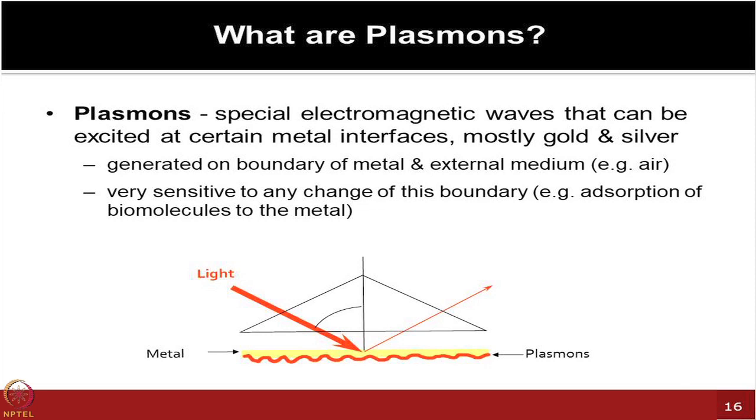What you are actually measuring are the plasmons at the interface of the gold surface, when these electrons are being generated, and you measure those throughout your reaction. By changing the solution, you see how the SPR angle changes from one condition to another, and that SPR angle is used to monitor your entire binding reaction.